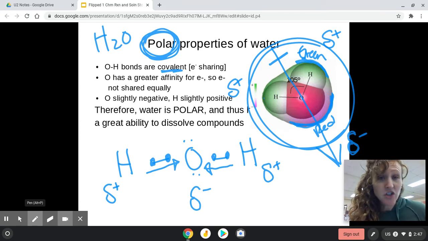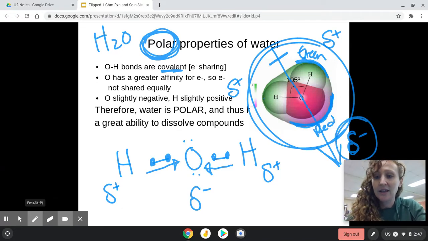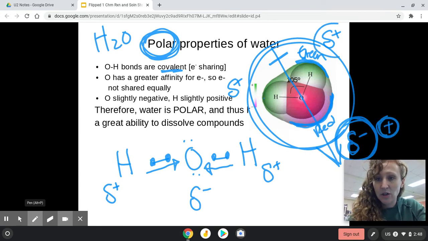Now, these partial charges, they still have an effect similar to actual charges. And so these partial charges can attract things. This partial negative charge can attract positive things. This partial positive charge can attract negative things.